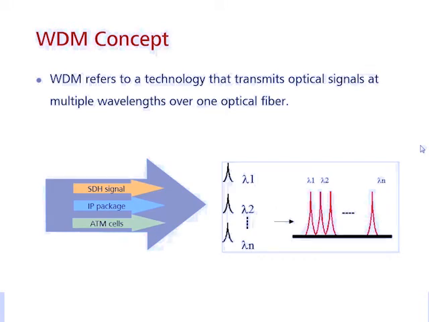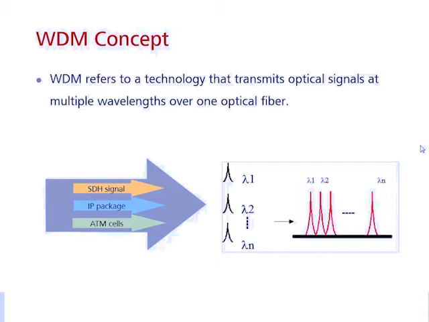So let's see the WDM concept. WDM refers to a technology that transmits optical signals at multiple wavelengths over one optical fiber. Okay, we can use many different wavelengths, mix them together into the same fiber to realize high capacity transmission. Different wavelengths carry different services.